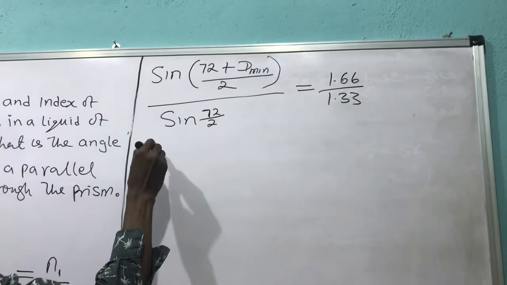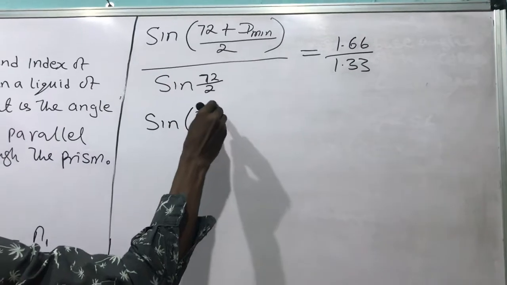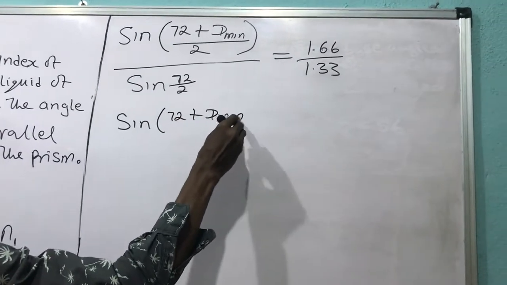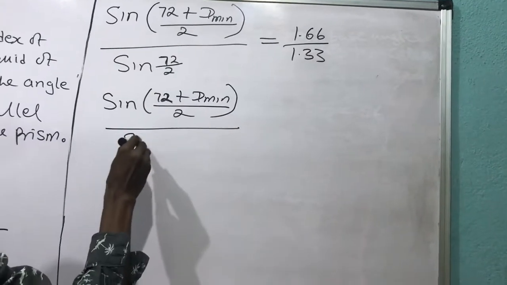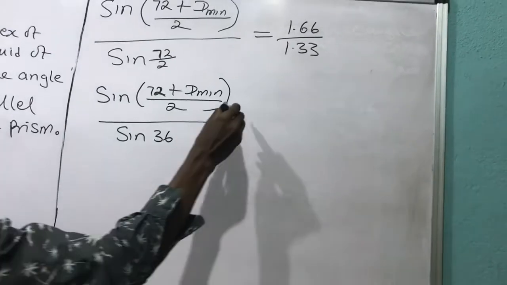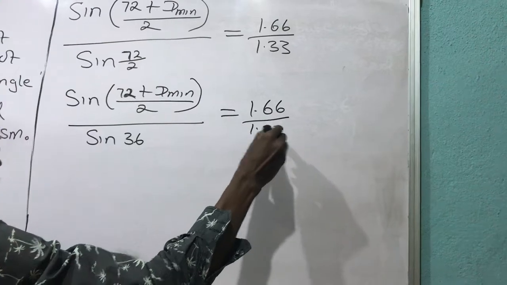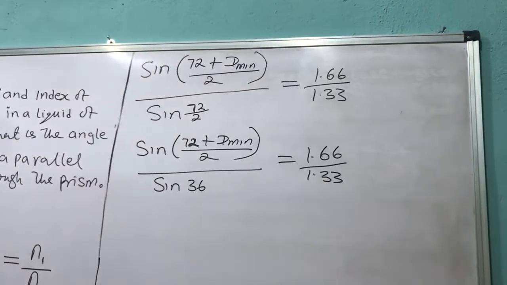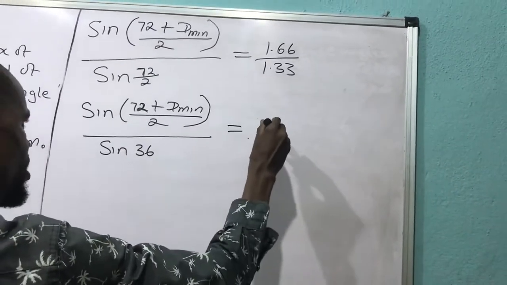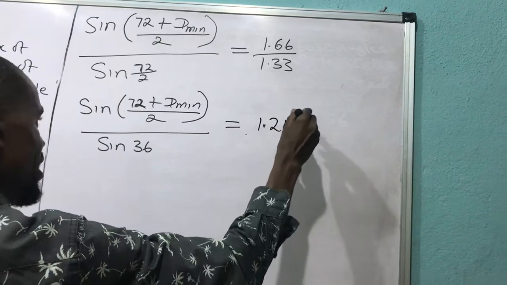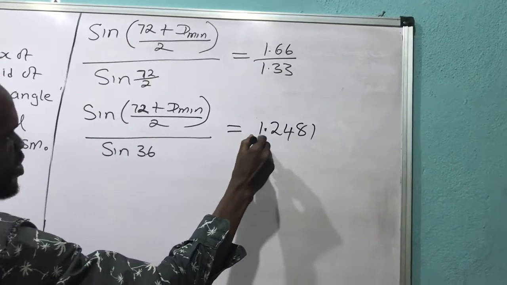This will give me sine of 72 plus minimum deviation divided by 2, all divided by sine of 36, equal to 1.66 all over 1.33. When we divide this with the calculator, you will have 1.2481.